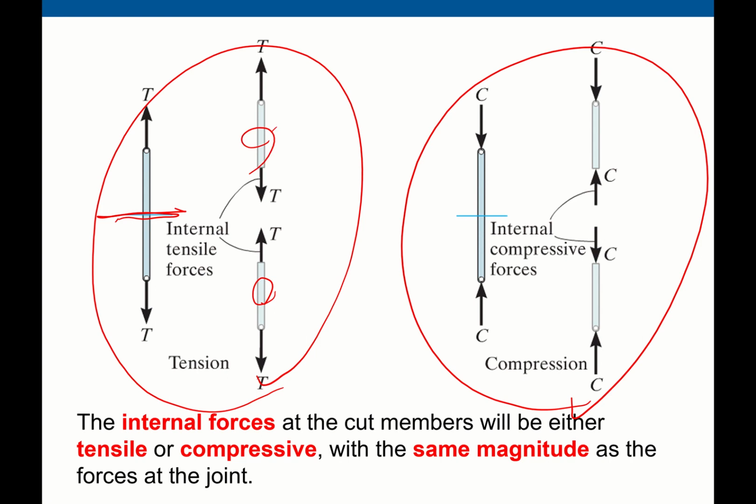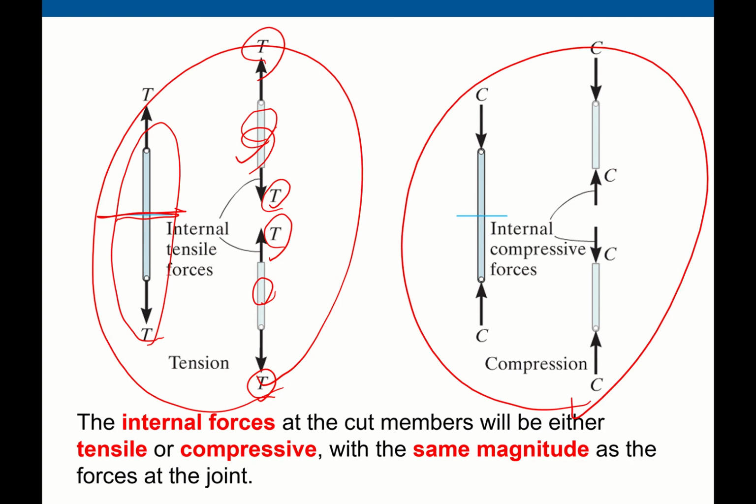Again, the member was in tension, cut in half, and then the rest of them are in tension with the same amount of force. Here you can see the uppercase T; the force amount is the same.